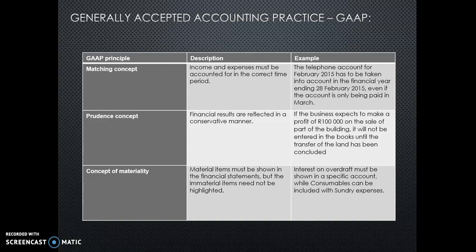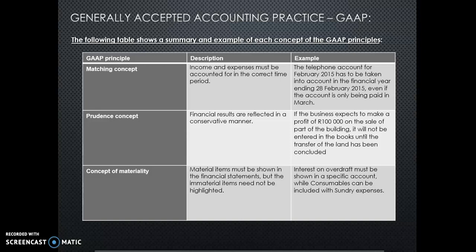So obviously changes that you made or things that have a massive impact must be shown, but immaterial items need not be highlighted. For example, interest on overdraft must be shown in a specific account, because if you're on an overdraft, then you owe money to the bank, you've gone over your limit, while something like consumables can be included with sundry expenses, like you do not keep track of the tea and the coffee in your office.